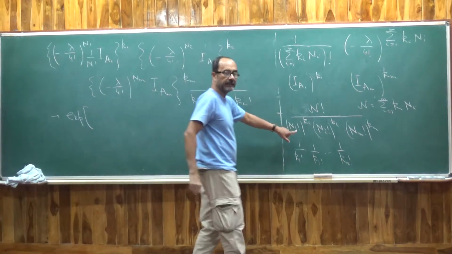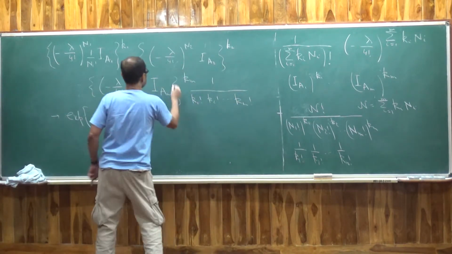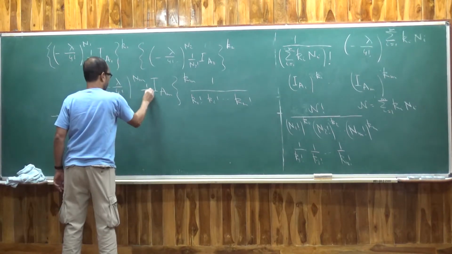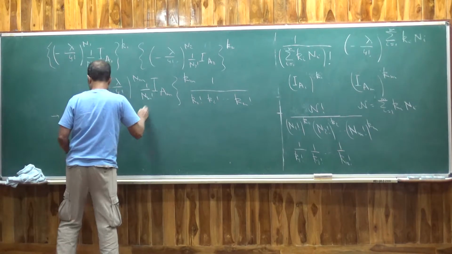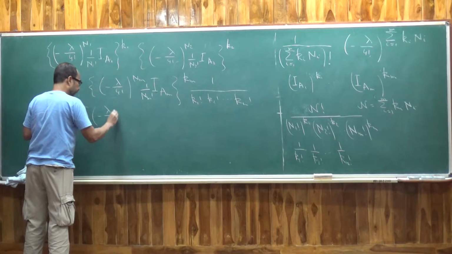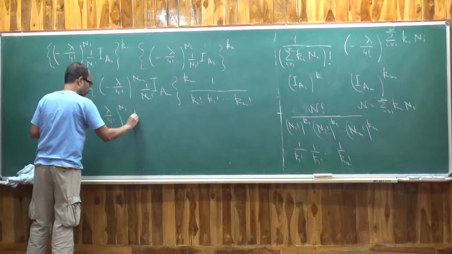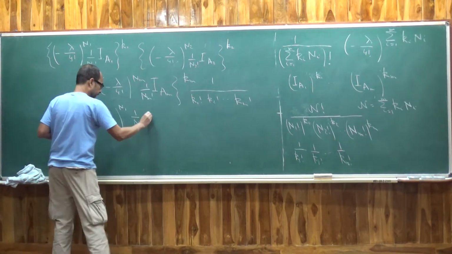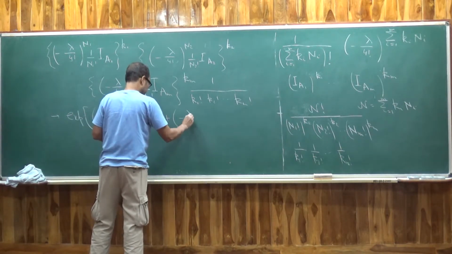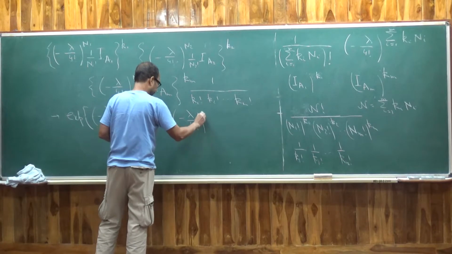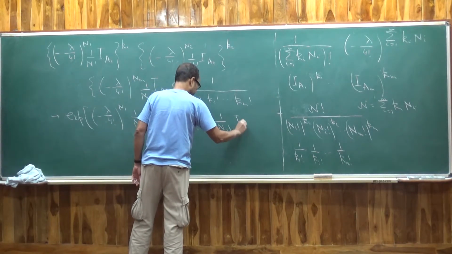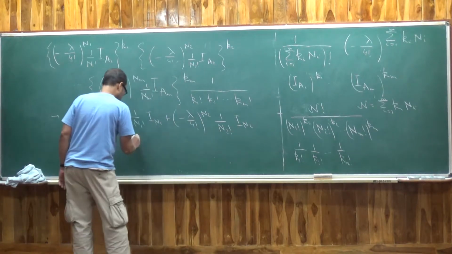These factors are still not there, 1 over n2 factorial, 1 over n1 factorial. So exponential of minus lambda over 4 factorial to the power n1, 1 over n1 factorial I n1, plus minus lambda over 4 factorial to the power n2, 1 over n2 factorial I n2, and so on.